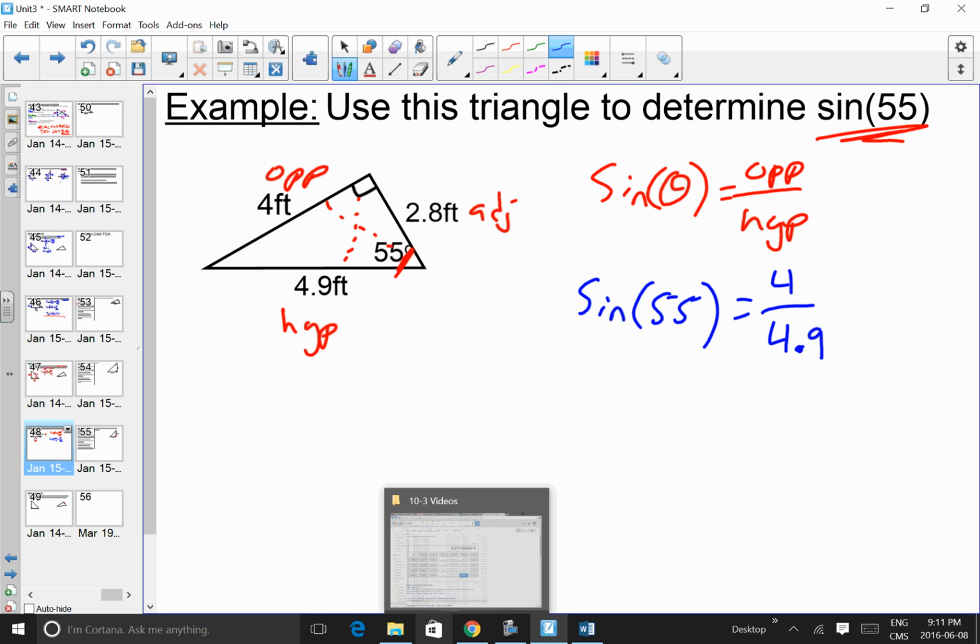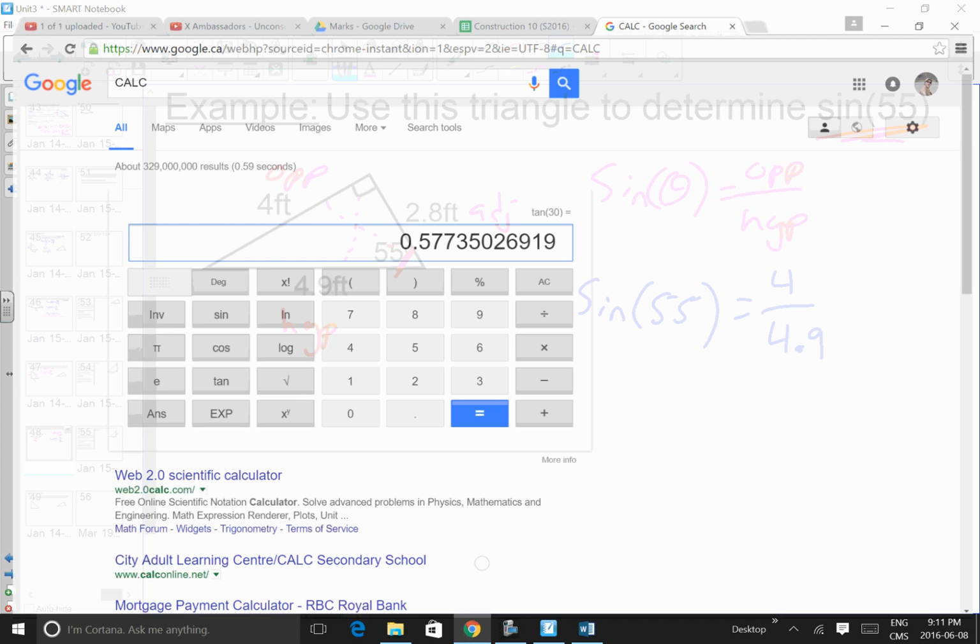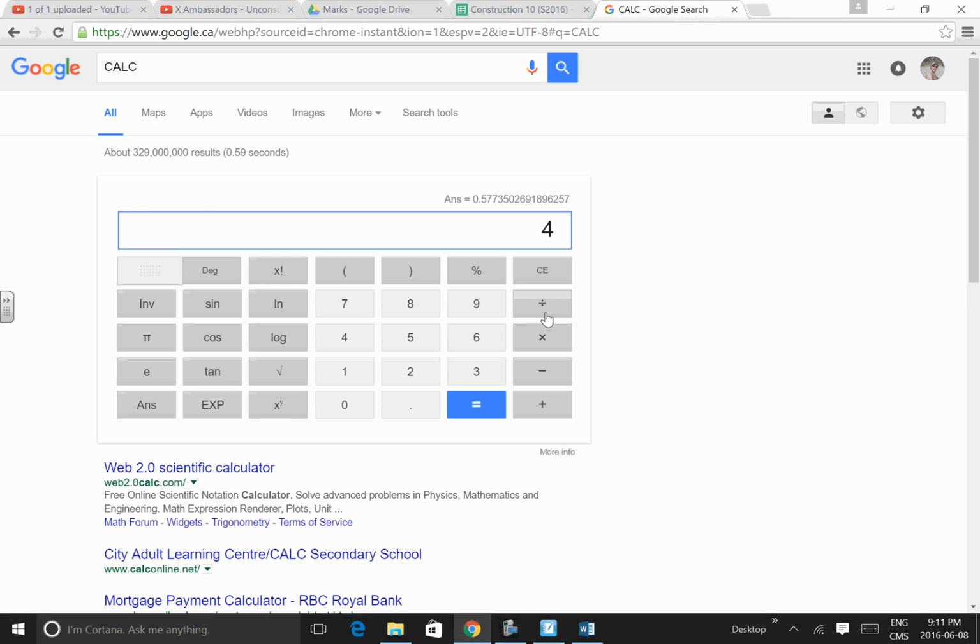I can go to my calculator. So that's 4 divided by 4.9, 0.8. That is what my sine of 55 would be. If I type it in as sine 55, I still get the same answer.